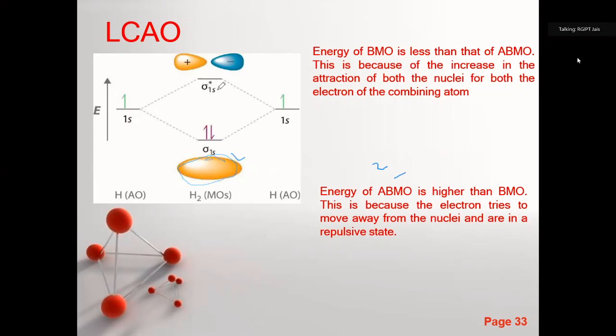If the electron density is decreased, there is a formation of a node. Here is the node; this is the anti-bonding, and this is the bonding. The 1s of one hydrogen combined with the 1s of a second hydrogen forms a linear combination of atomic orbitals, and we compare the energy of the bonding molecular orbital with the anti-bonding.